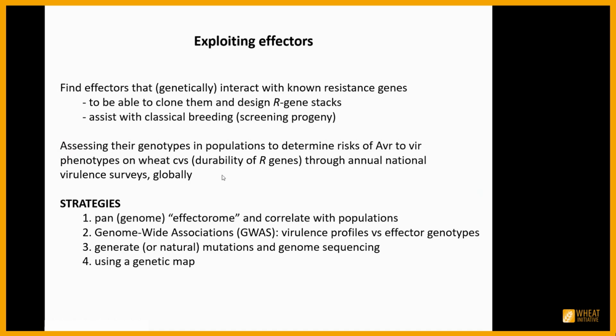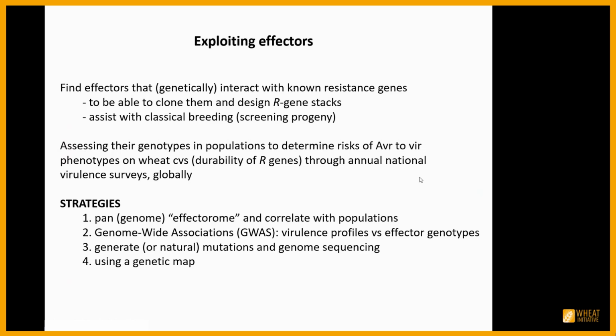We should be paying more attention, and once we have AVR genes, we can screen the populations for genotypes and determine the risk of avirulence to virulence. Often, if AVR genes are in a heterozygous state, they can mutate more easily to a virulent state.